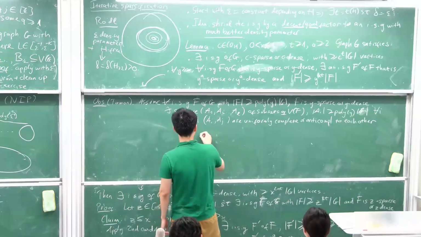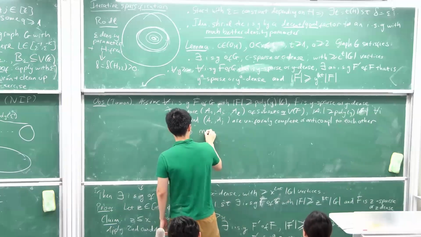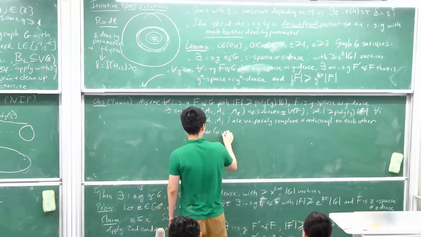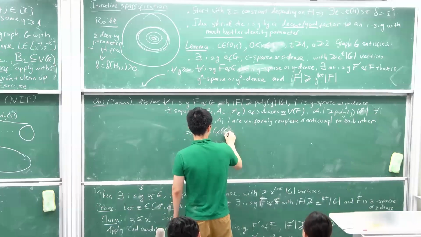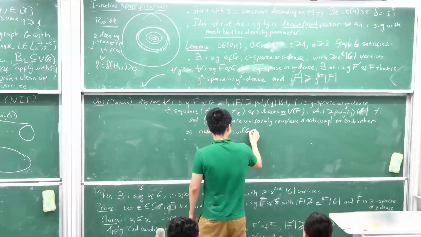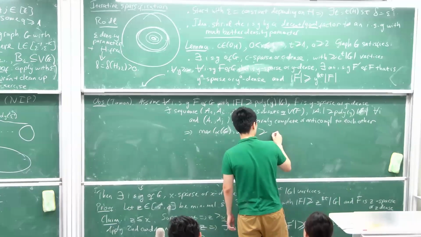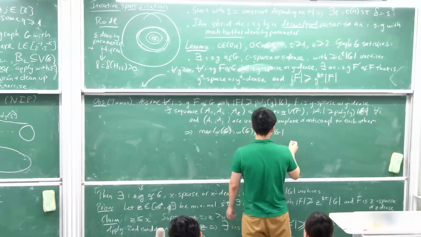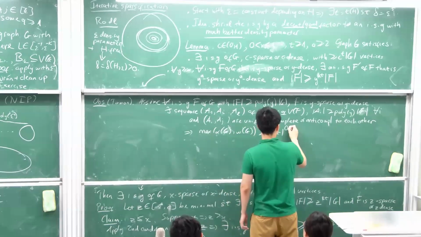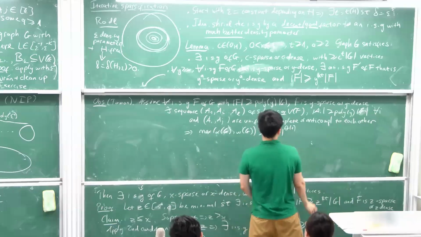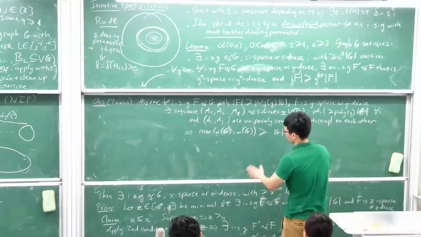Then the maximum of alpha G, omega G is going to be at least G to some small power. And of course, later we will try to plug in the number.